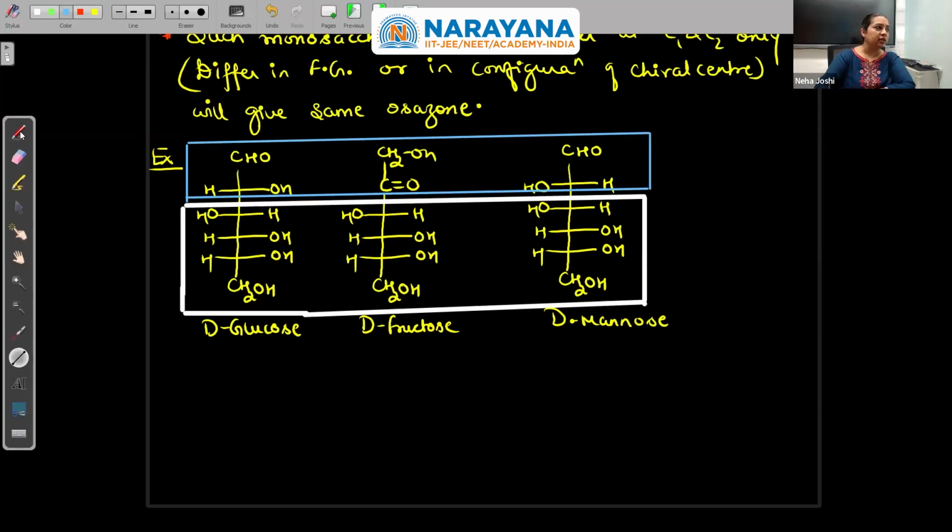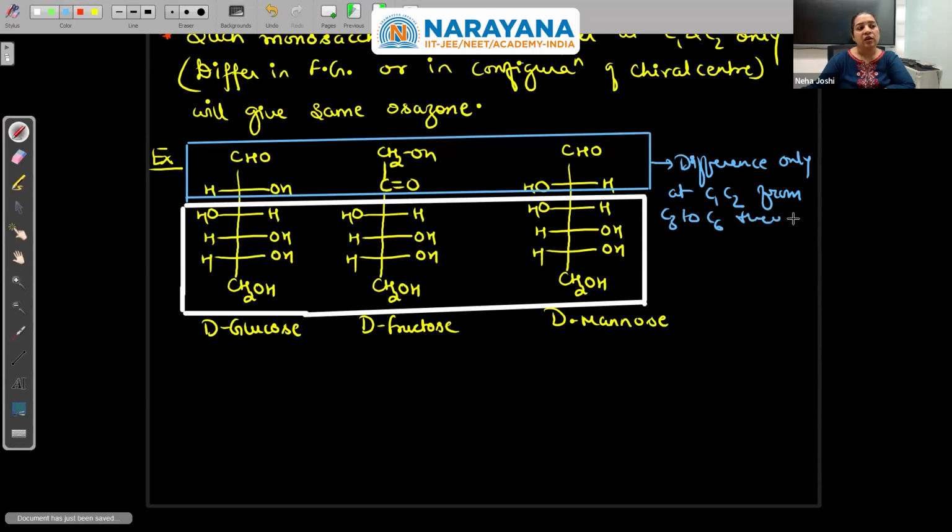Is that appropriately marked? The difference is only at C1, C2. From C3 to C6, they are identical.